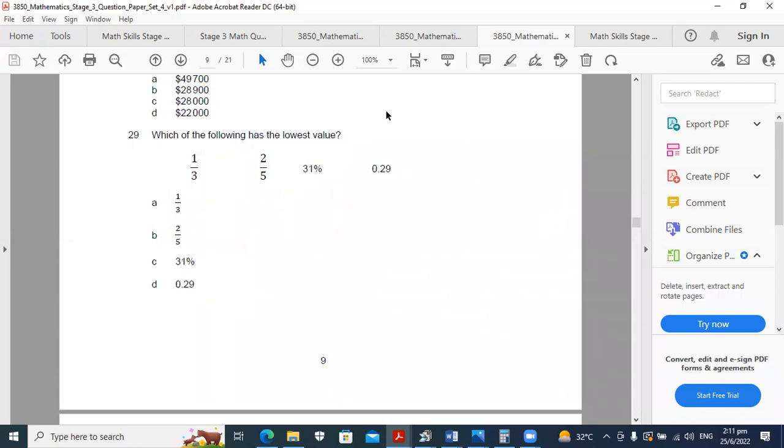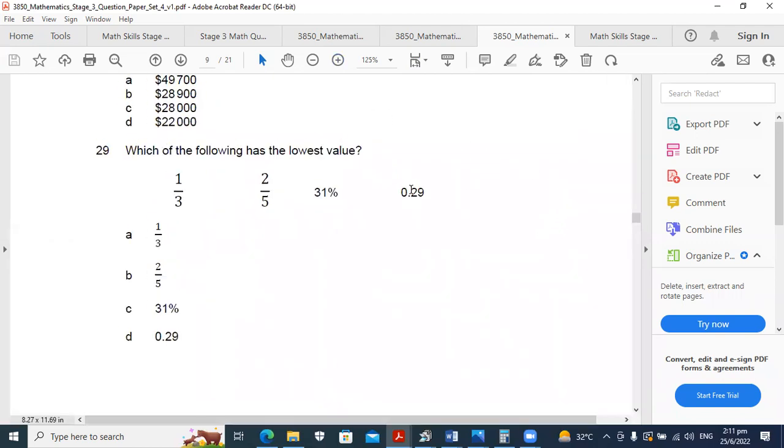Look at 29. It says which of the following has the lowest value. How would you do this without a calculator?